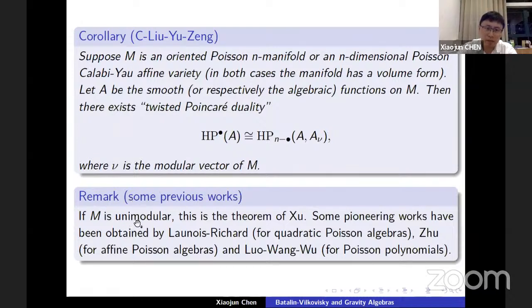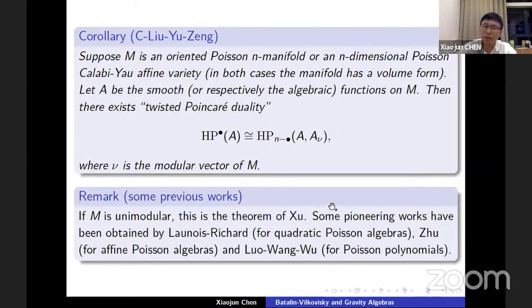If M is unimodular, which means this modular vector is 0, then this is a theorem of Xu. So basically, this result generalizes the result of Xu to the not necessarily unimodular case.